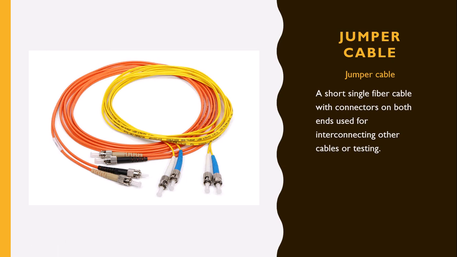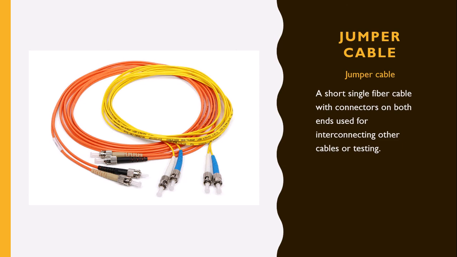Connectors installed on the fiber optic jumper cables can be of various types, including SC, ST, FC, LC, MU, MTRJ, or E2000, and so on. These connectors on the jumpers can be PC, UPC, or APC. These various types are only available on single mode types.